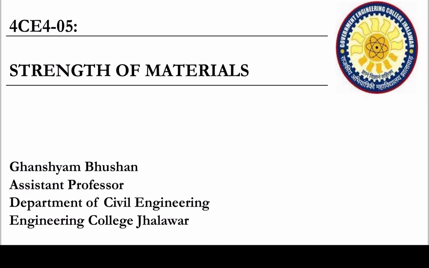Previously we have seen the bending formula, that was M by I is equal to sigma by y is equal to E by R. That was the first equation, and after that we have seen the section modulus, which will tell you that if we have to compare between two sections, you can directly compare their section modulus if the permissible stress is same in both the materials.